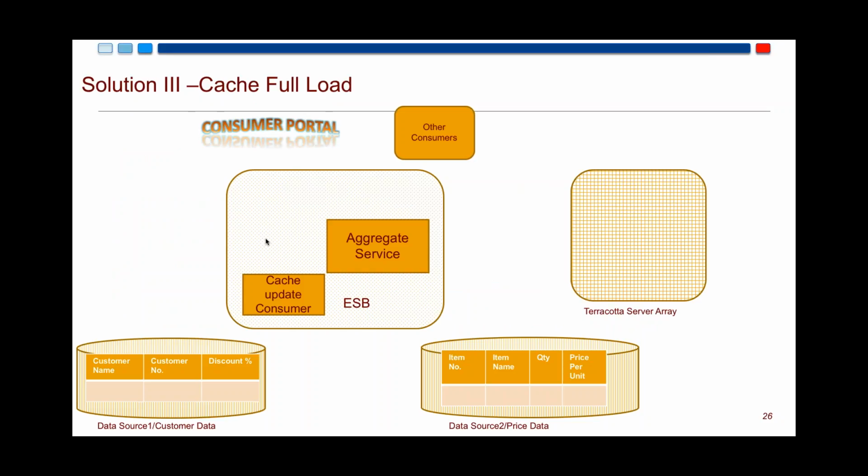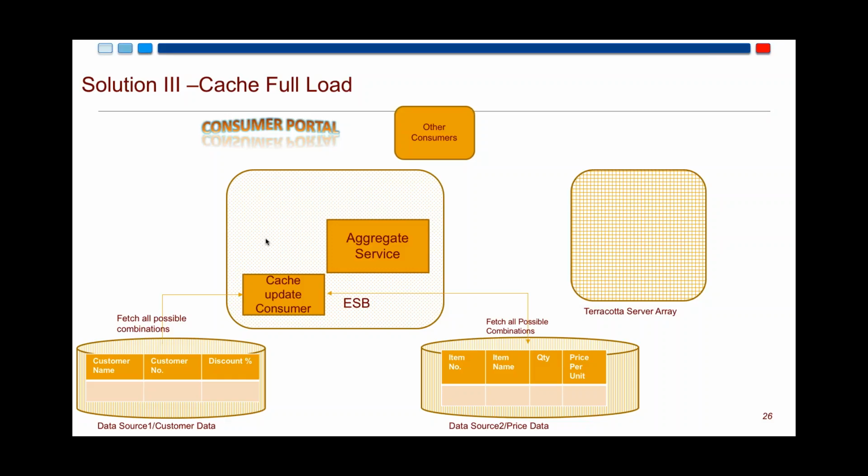Now, the third solution is basically we maintain all possible input combinations and their results in the Terracotta server array. In this case, instead of updates, we take all the possible combinations from both the data sources: in customer data, all possible combinations, and in pricing data, all possible combinations.